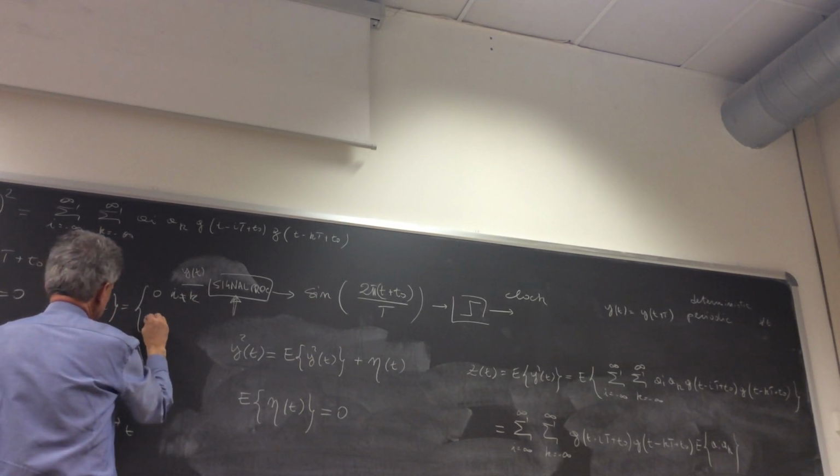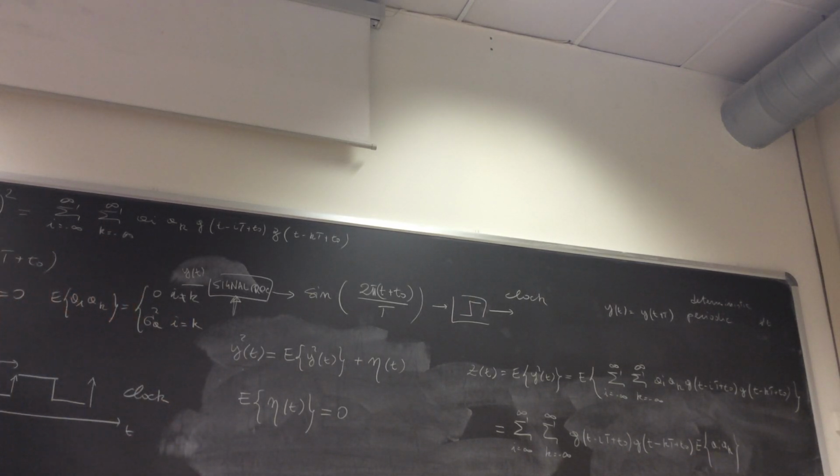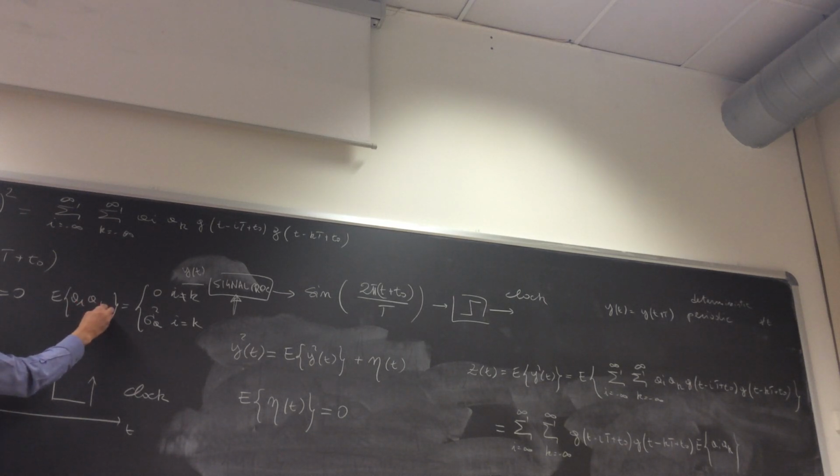And, I don't know, sigma a to the square for i equal to k. This is the typical assumption that we make on the data sequence. The data sequence is IID, independent and identically distributed. And independency means also uncorrelation. Then, of course, when i is equal to k, we have the square, and so we have the variance because the mean is 0. Okay?